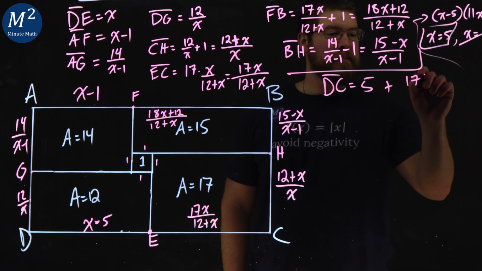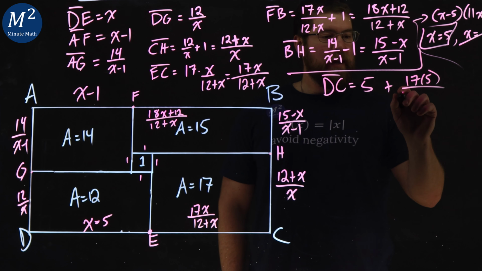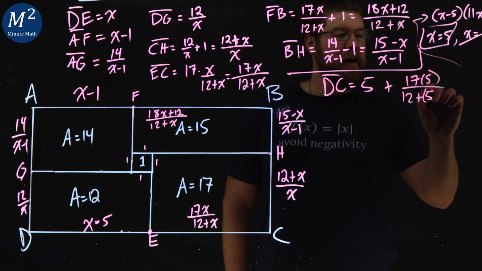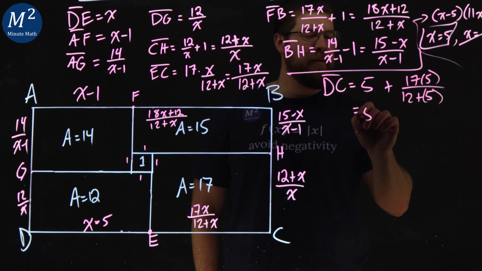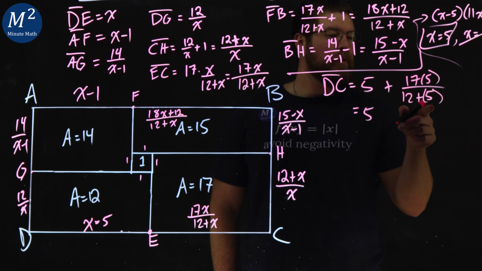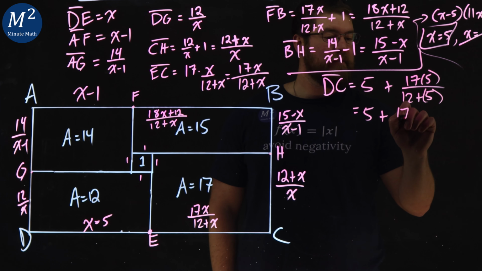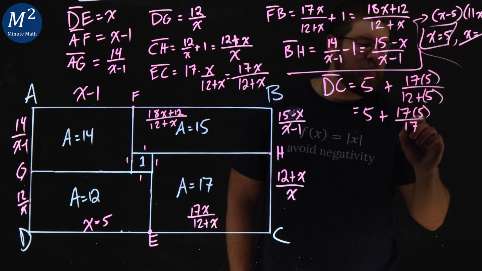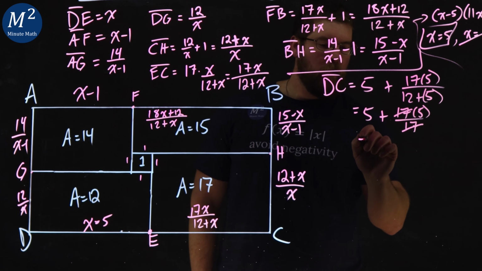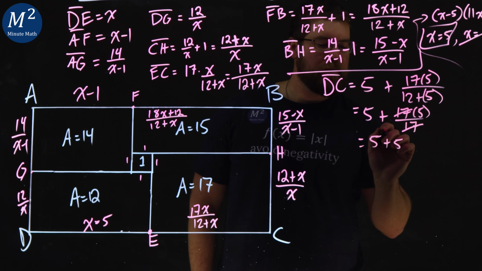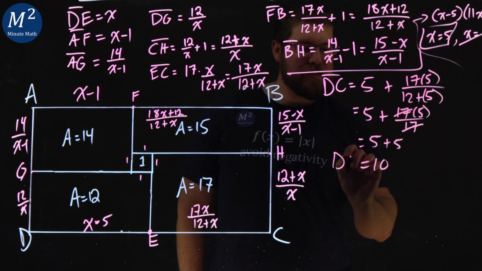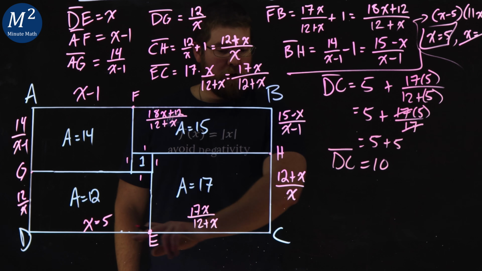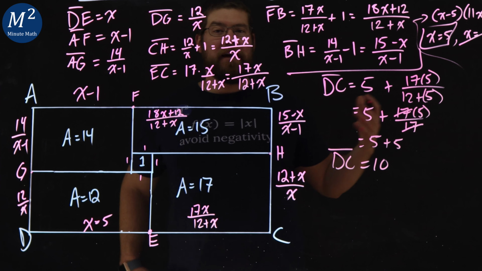So we have 17 times 5 over 12 plus 5 here. Simplify that out, keep it separate for a second. 12 plus 5 is 17. We have 17 times 5 over 17. Don't just multiply things out. Things are going to cancel. It's beautiful. We have 5 plus 5 here, which is 10. So DC, that length overall, is equal to 10. That's lovely. We got one of them.